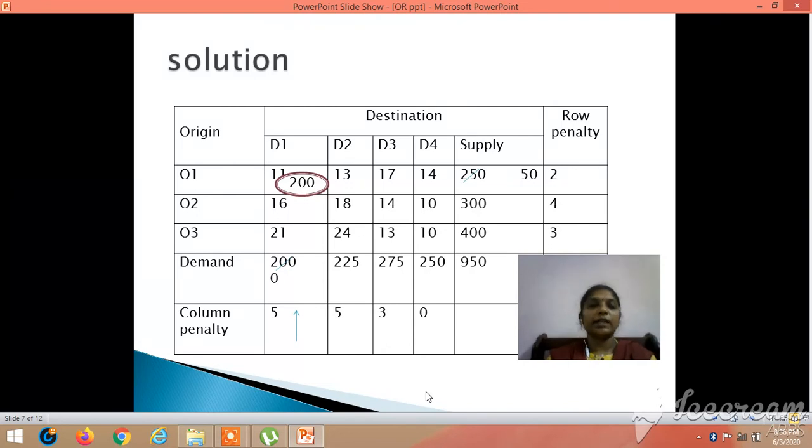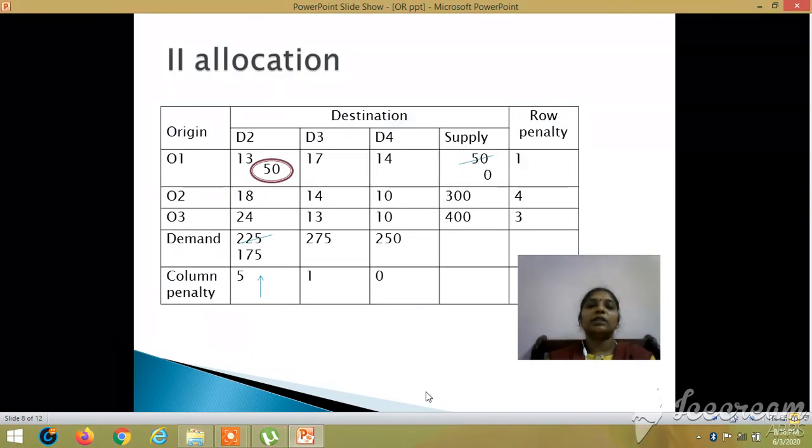For the second allocation, again for the remaining values you have to calculate the row penalty and the column penalty. The first row: 13 and 14, the penalty is 1. Then 14 and 10, it is 4. Then 13 and 10, it is 3. The column penalties: 13 and 18, it is 5.